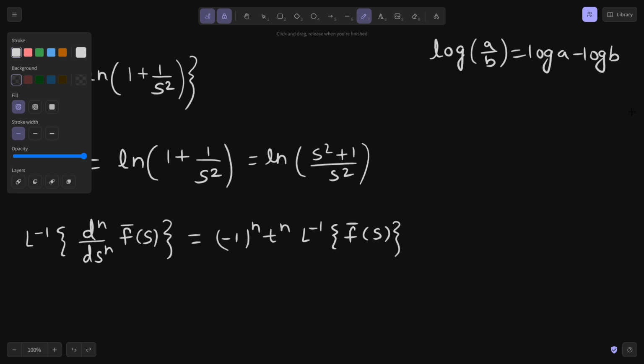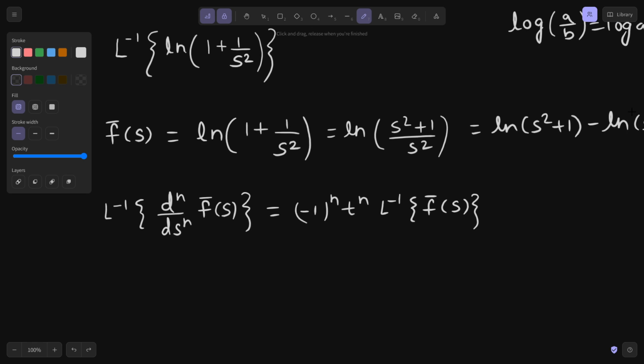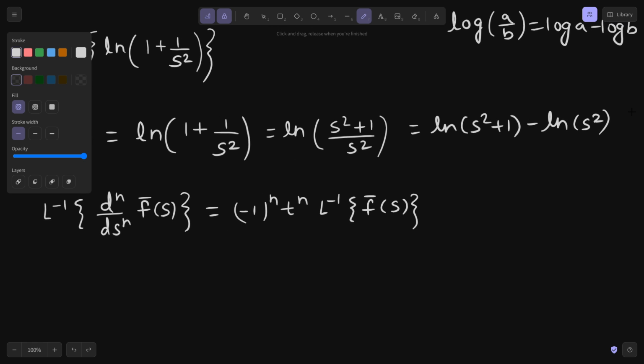So I can further write this as ln(s² + 1) minus ln(s²). I can further write the second term as 2 ln s, but let's leave that as it is for now.